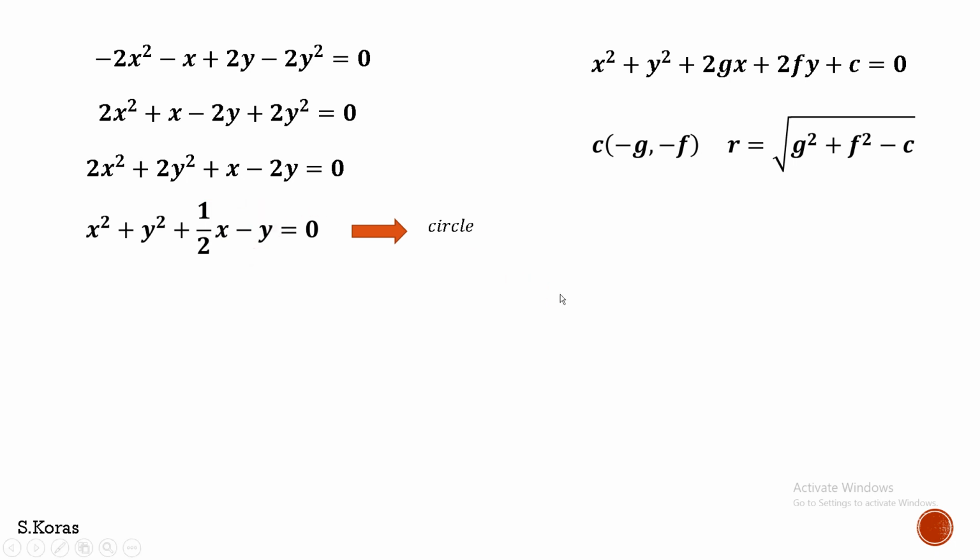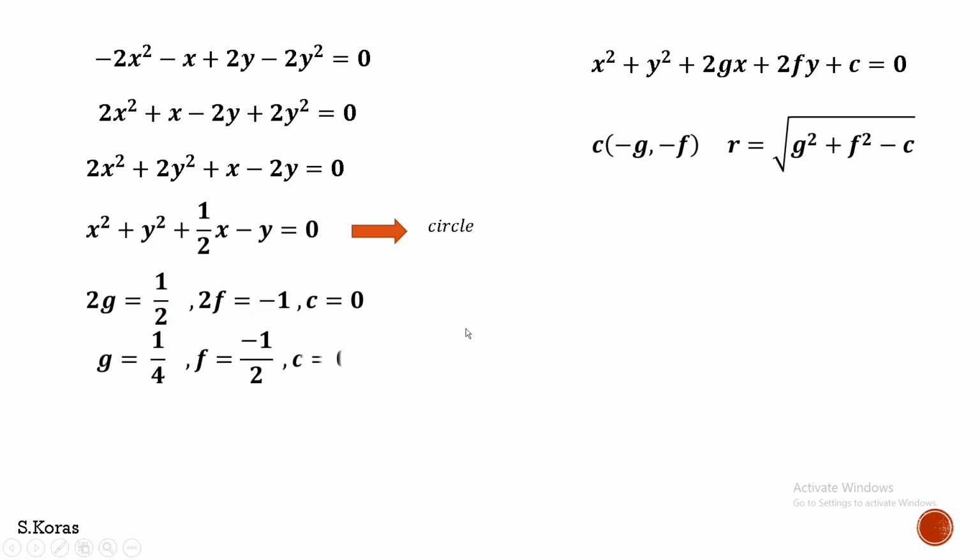So 2g is equal to half, and 2f is nothing but minus 1, and the constant is 0. From here we can find g value as well as f value. So g will be equal to 1 by 4 and f will be equal to minus 1 by 2, and c, the constant, is 0. Let's try to find its center. Center is minus g comma minus f.